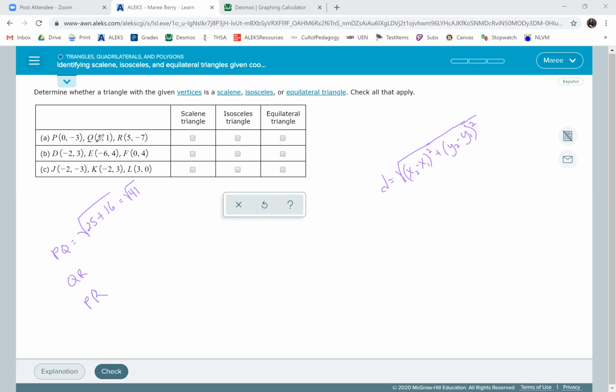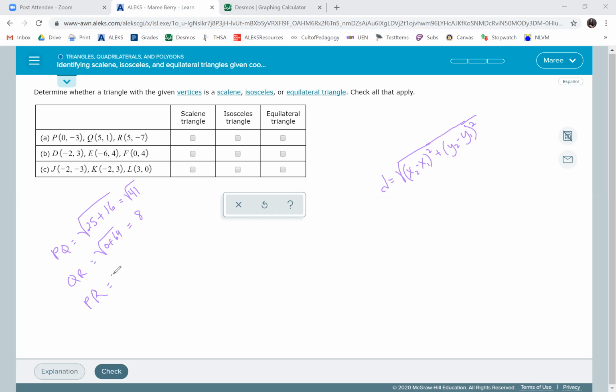Then QR, the x's are 0 apart. So we have 0 squared is 0, plus -7 and 1, that's 8 apart, squared is 64. 0 plus 64 is 64, and the square root of 64 is 8. So those are 8 units apart.